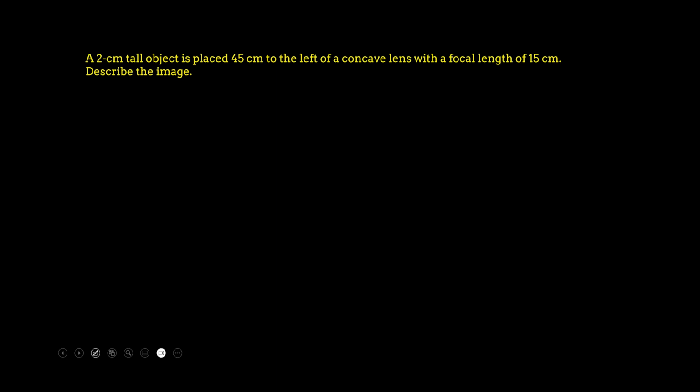H sub O is 2 centimeters. It's placed 45, so this is D sub O, it's 45 centimeters, and F is 15 centimeters, all positive. Let's talk about the image, basically its location and magnification.